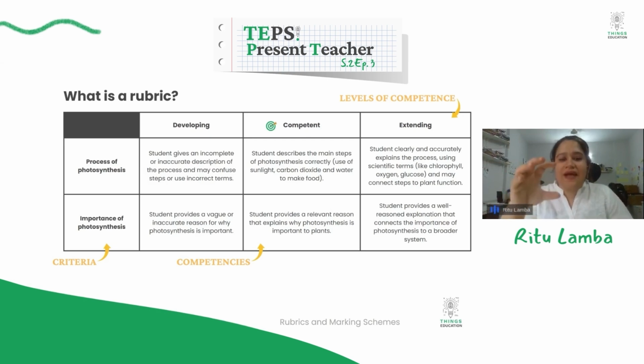And finally, there are the actual competencies or the actual learning outcomes for these different levels and for these criteria. We'll go into these specifically, but what you need to keep in mind is that we have to have levels of the students, we need to have criteria, and these criteria need to be broken down into competencies, ideally written as learning outcomes for each level.